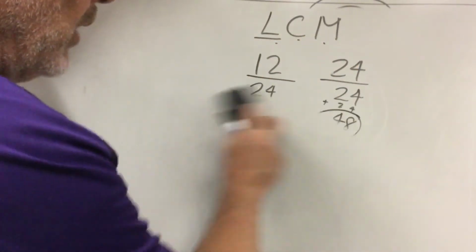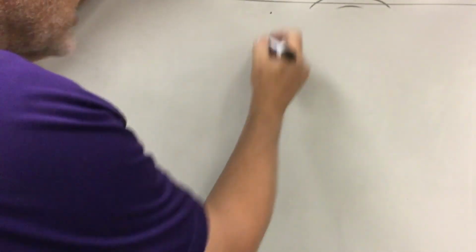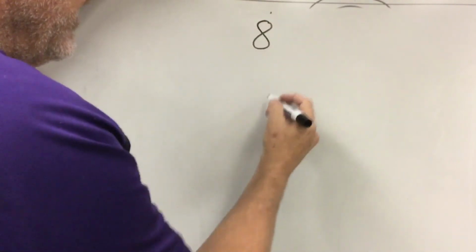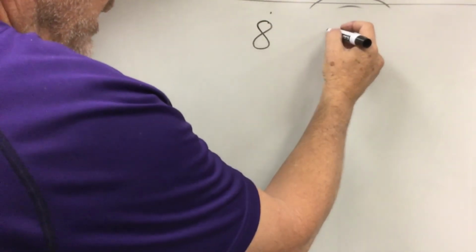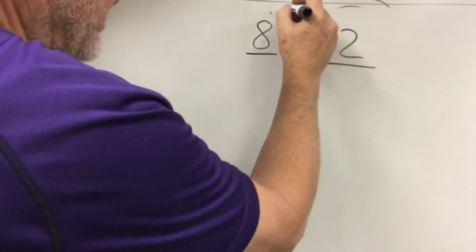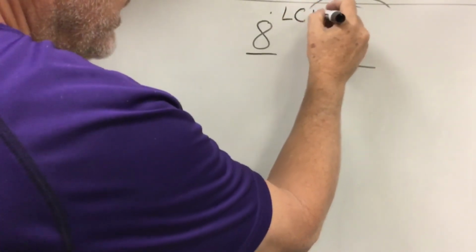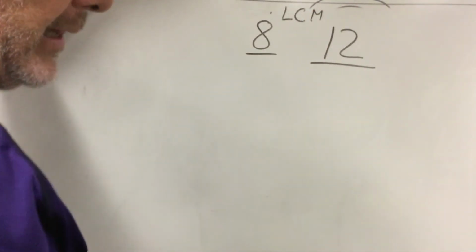Okay, we'll do one more on the least common multiples. Let's pick the number 8 and 12. Okay, so again, we're looking for the least common multiple. So I'm going to list the multiples of 8. And let me just give you a hint.